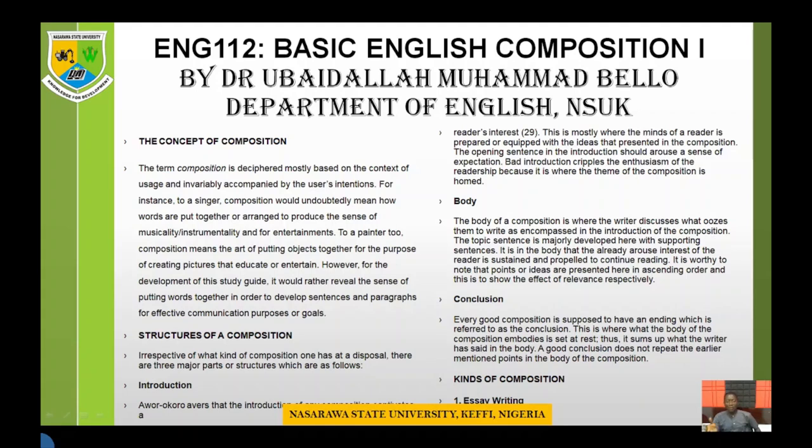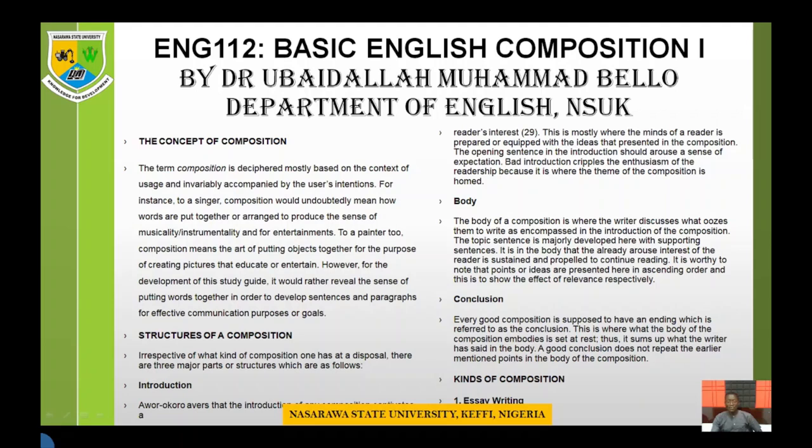But to somebody who is not into music, for this particular course, composition is devoid of what a singer thinks of it to be. It has to do with putting words together to form a particular embodiment of meaning, not having any instrumentality or effect of instrumentality.